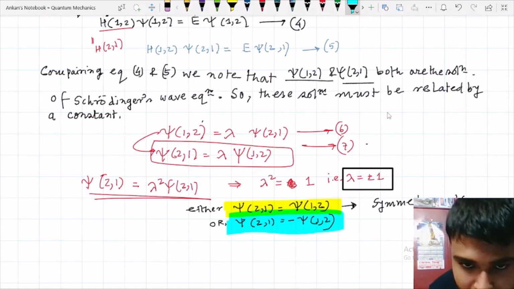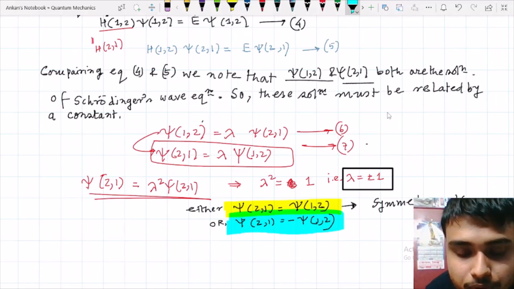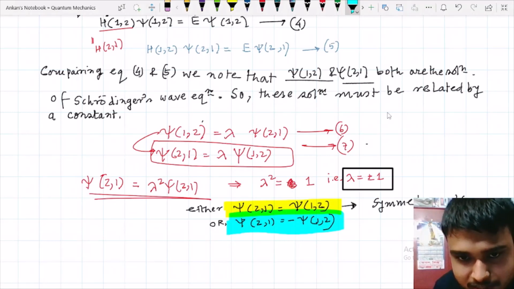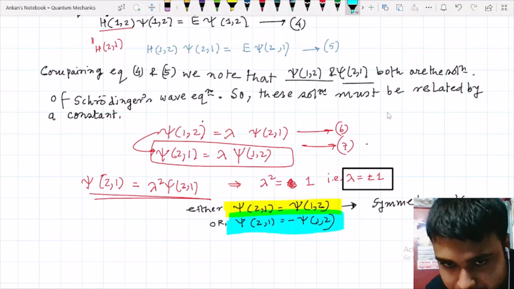Psi21 is equal to minus psi12, that is, by interchanging the quantum state of the particle 1 and 2 the wave function changes by what amount? By the negative sign, it changes the sign of the wave function, but the magnitude remains the same. If we consider here the magnitude, then it will change only by the sign.